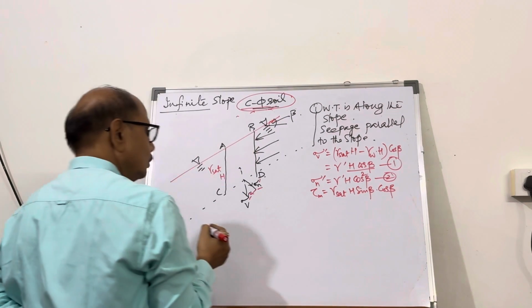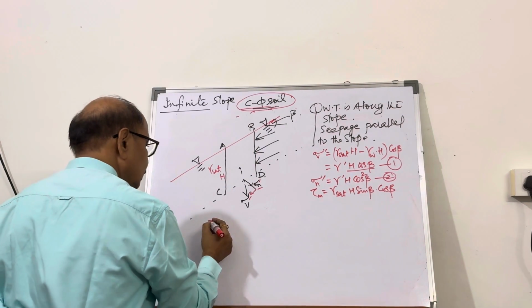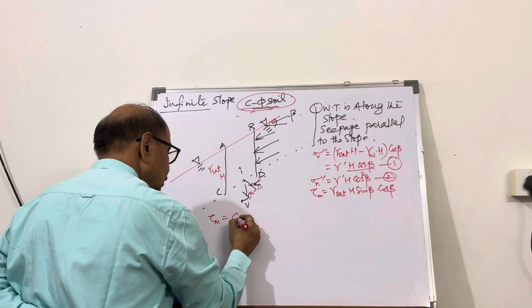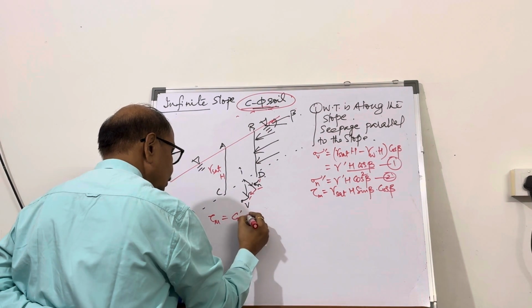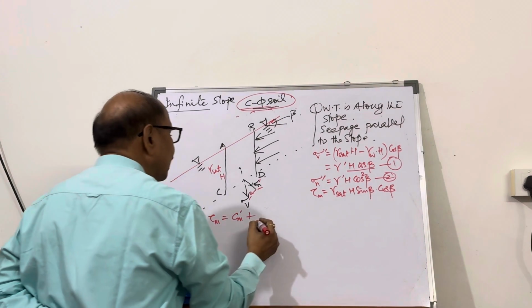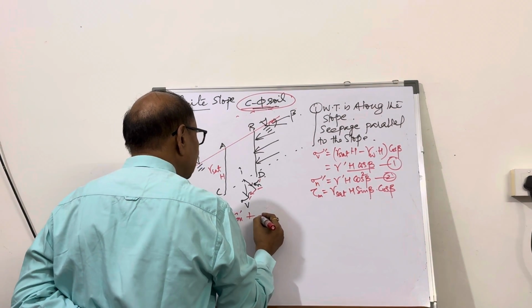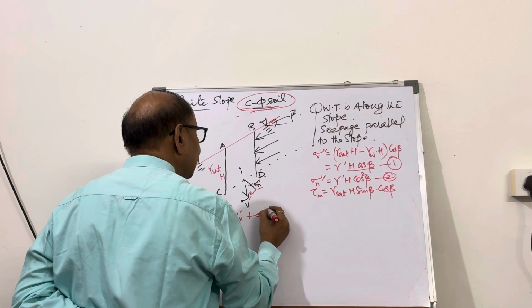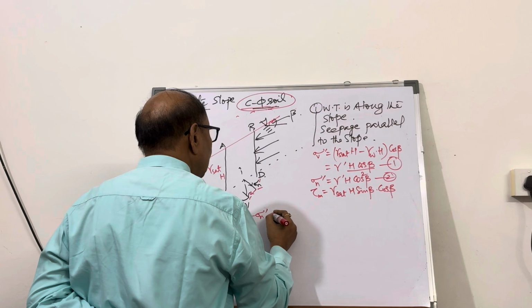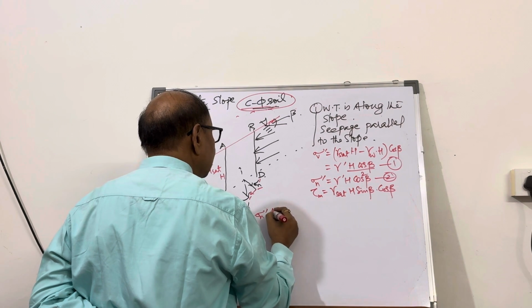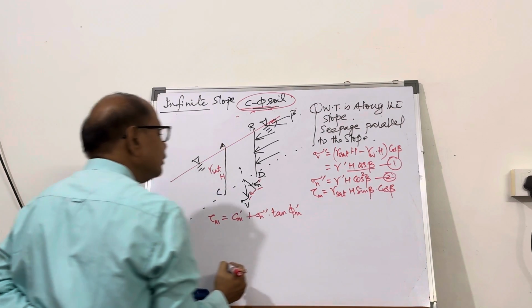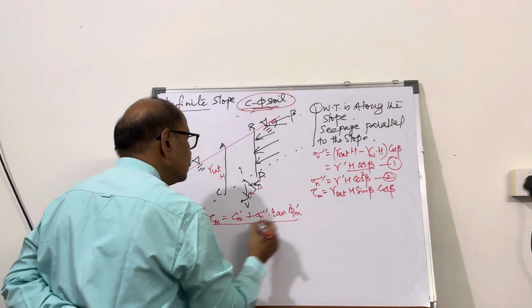Now, friends, tau m, this depends upon Cm prime, that is the mobilized cohesion, plus it also depends upon sigma n prime, into tan phi mobilized prime. This is the expression.